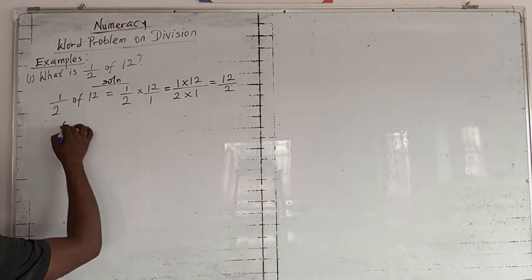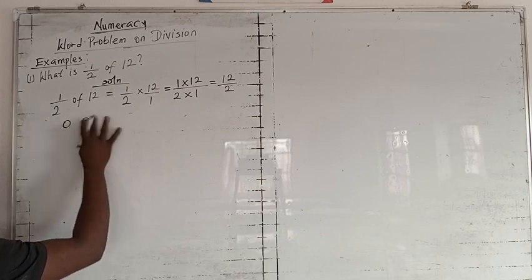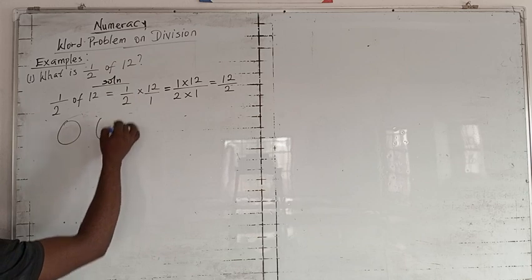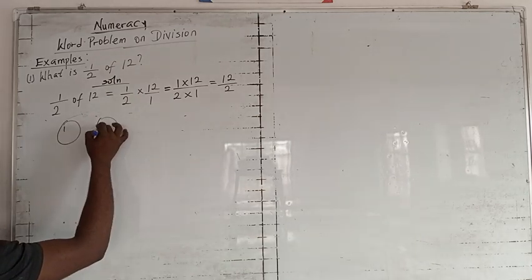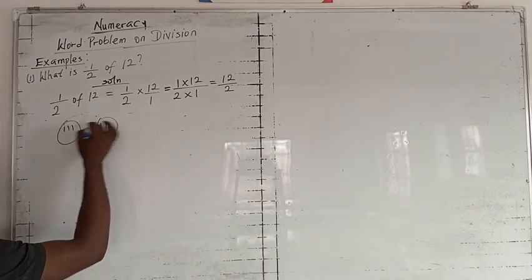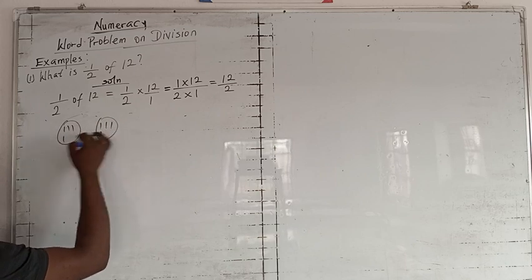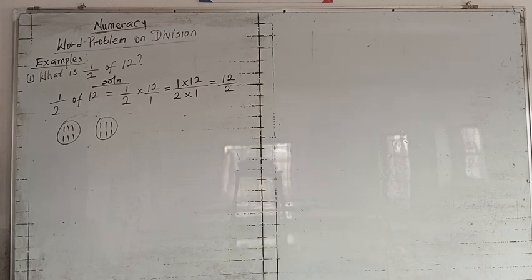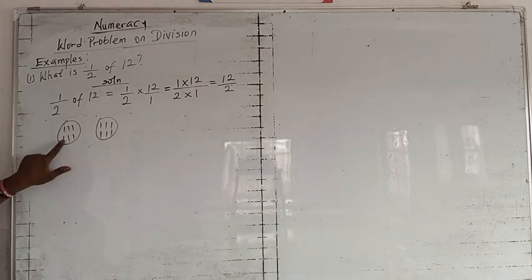Let's share, or use grouping. So this will be 2 now. 1, 2, 1, 2, 3, 4, 5, 6, 7, 8, 9, 10, 11, 12. So how many? 1, 2, 3, 4, 5, 6.